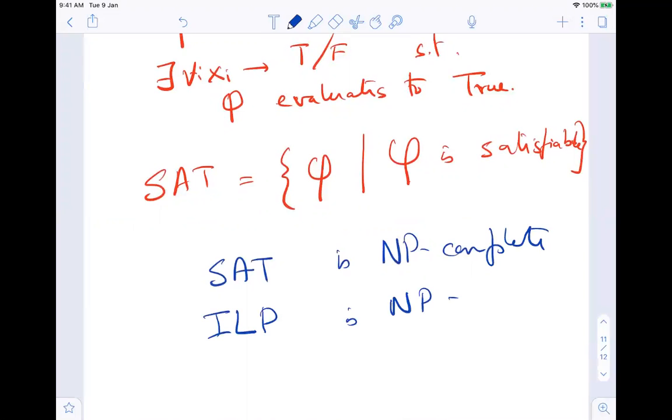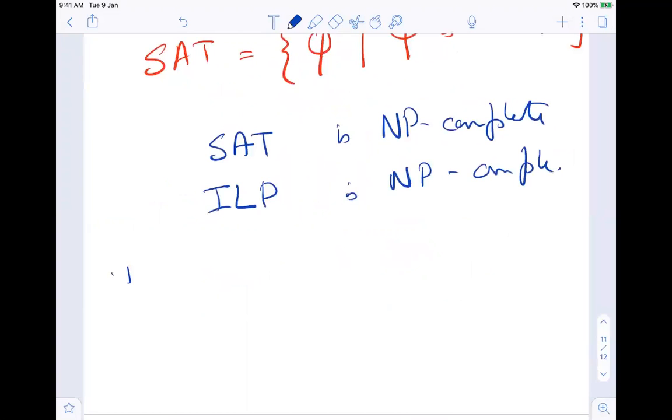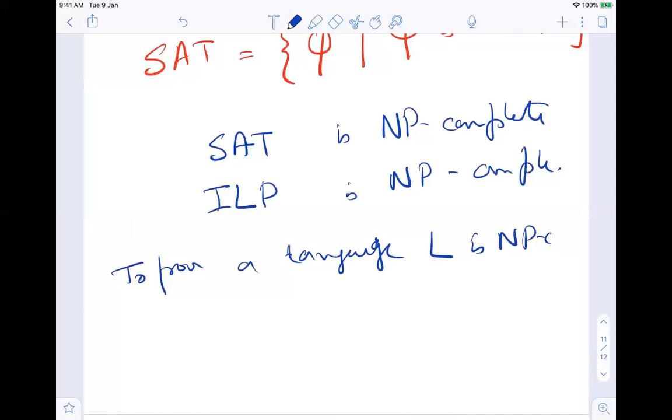Now, if you want to prove something else is NP complete, so to prove a language L is NP complete, how do you do that? You will first find another language L hat.